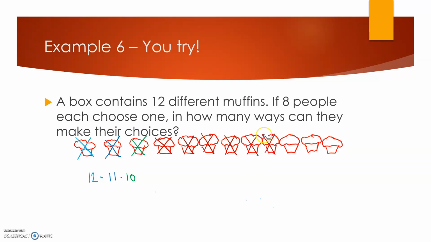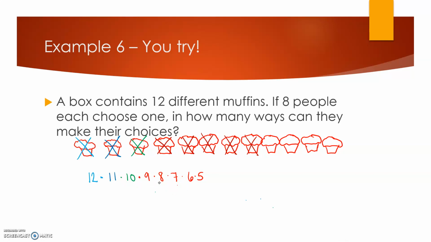Oops, I think I went too many. Oh, I took the top off the muffin. That's awkward. 1, 2, 3, 4, 5, 6, 7, 8. And this is going to continue. 9, 8, 7, 6, 5. And notice I've got 1, 2, 3, 4, 5, 6, 7, 8 people here. So that's important. Pay attention to how many people are making choices.